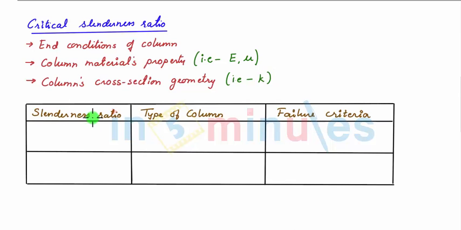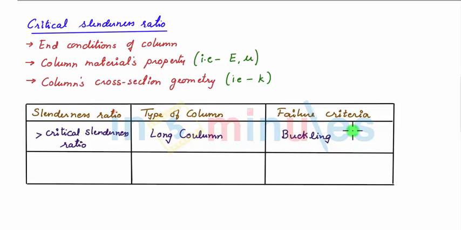So we see that when the slenderness ratio is greater than the critical slenderness ratio, the column can be called a long column, and the failure criteria is buckling of the column, and we use Euler's buckling or crippling load formula to analyze the column.